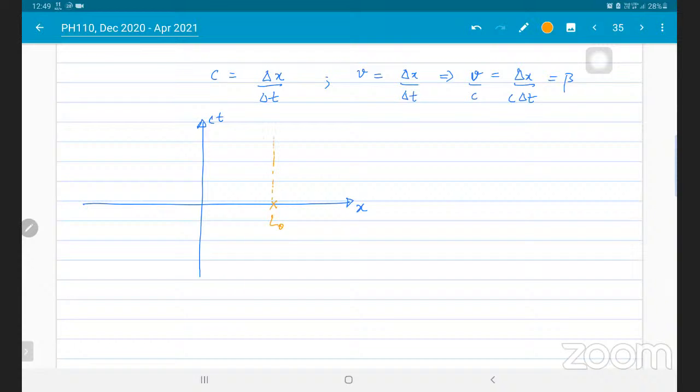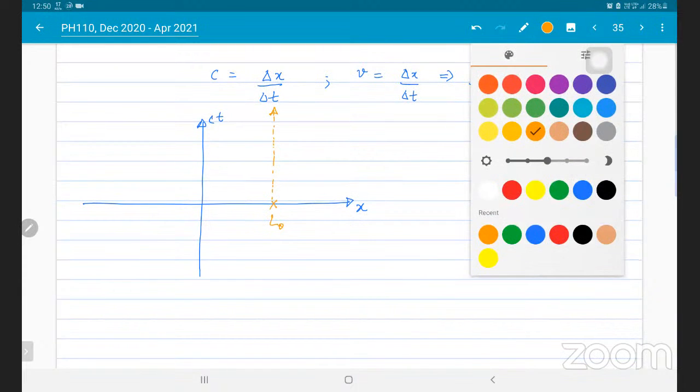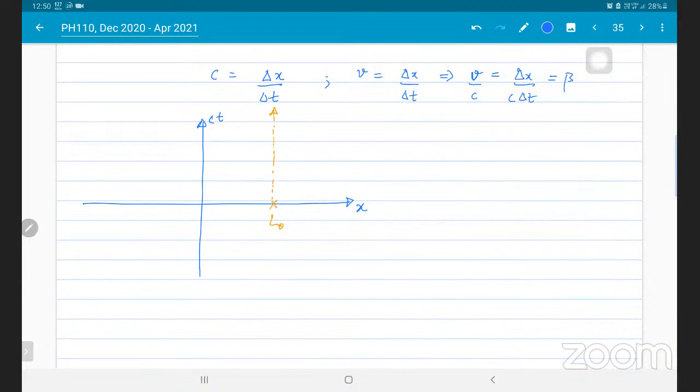It's not moving in the x direction, but there will be a quote unquote motion in the time direction for stationary objects also.